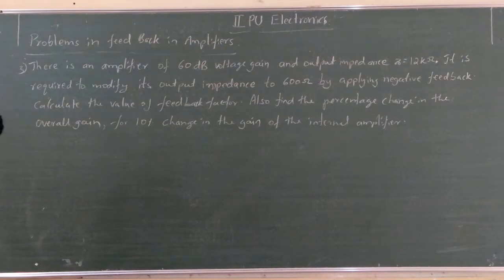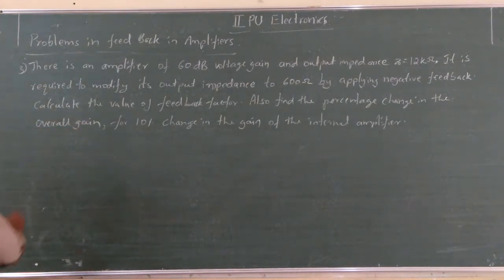It is required to modify its output impedance to 600 ohm by applying negative feedback. Calculate the value of the feedback factor, first point. Also find the percentage change in the overall gain if the internal gain of the amplifier changes by 10%.